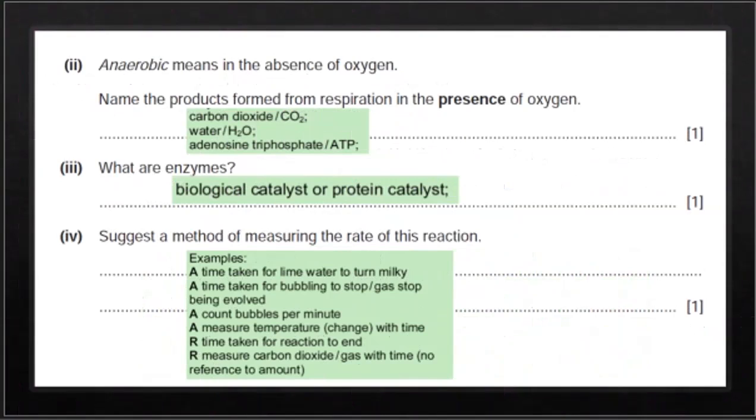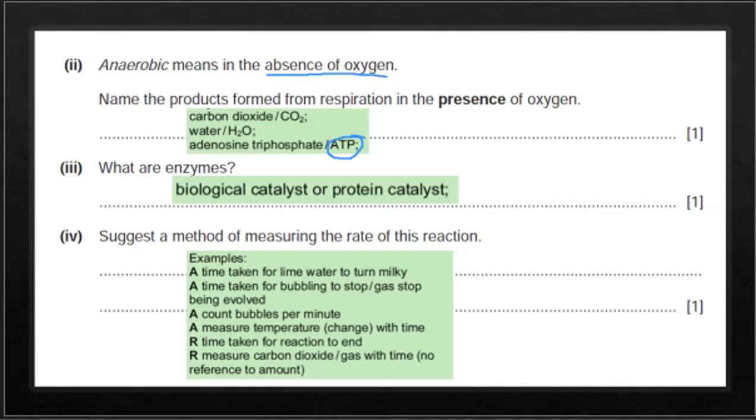Next part of the question, what does anaerobic mean? Anaerobic means in the absence of oxygen. Name the products formed from respiration in the presence of oxygen. When oxygen is present, and mind you, this is where chemistry and biology overlap, we produce what is called ATP, adenosine triphosphate.